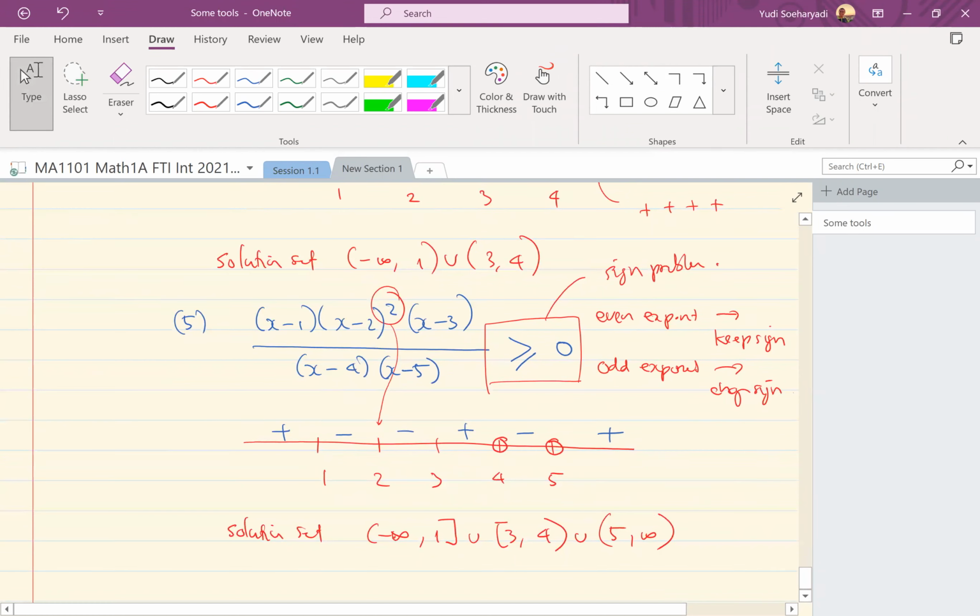If this is one or something not zero, then you still have to simplify that and make it a sign problem. All right, first thing.